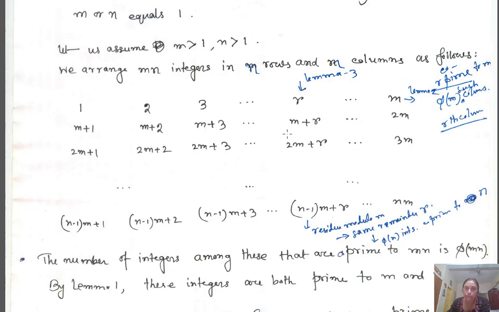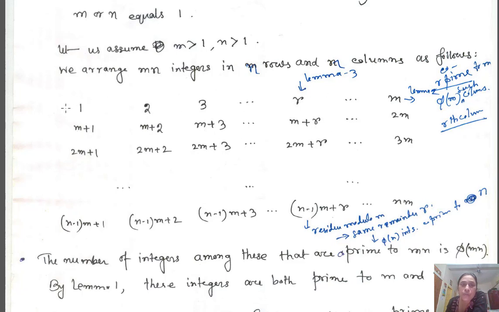In the second row, how many elements are there which are co-prime to m? This is essentially m plus 1, m plus 2, m plus 3, up to m plus r, up to twice m. If you take modulo m, this is essentially the same as the first row. Every row, if you take modulo m, is essentially the first row.